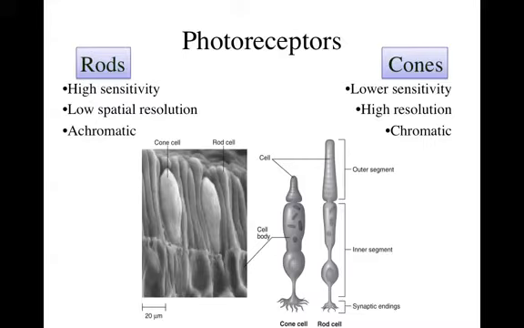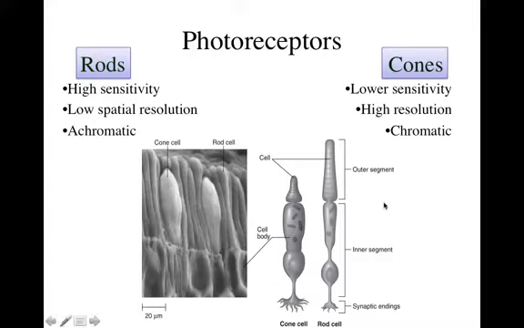There are two kinds of photoreceptors, rods and cones. Rods are highly sensitive, which means that they need less light in order to be activated. They have lower spatial resolution and are achromatic, which means they don't respond differently to different wavelengths of light, so they can't tell the difference between different colors. Low spatial resolution means that they are basically blurry, that they can't do fine level detail.